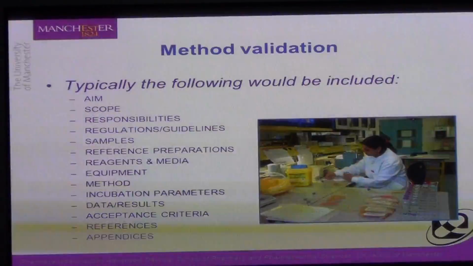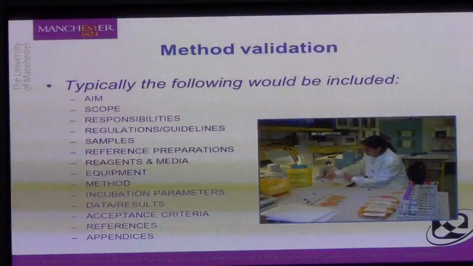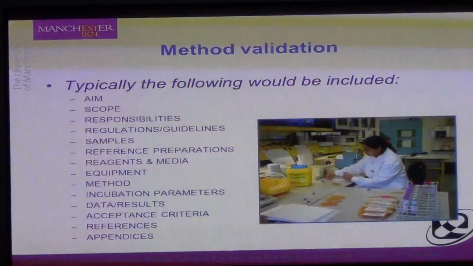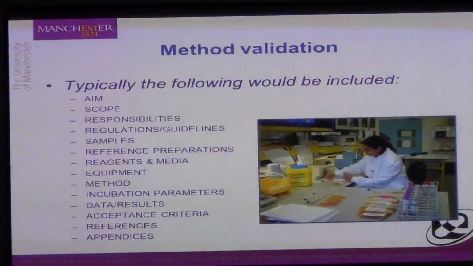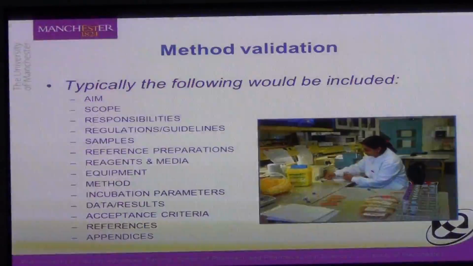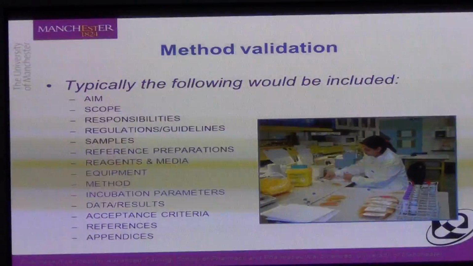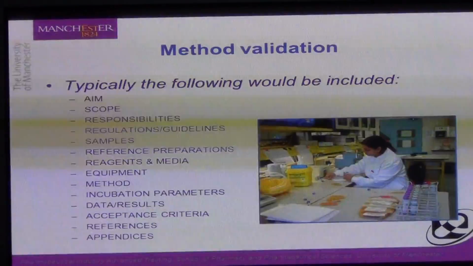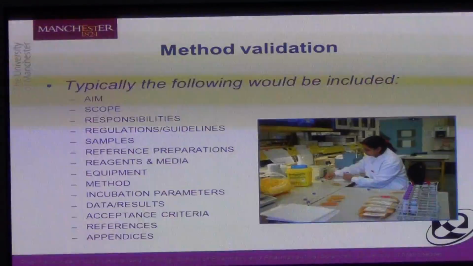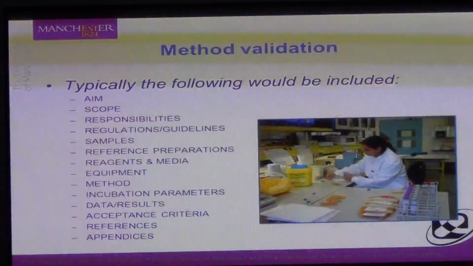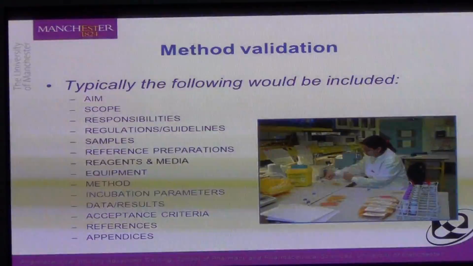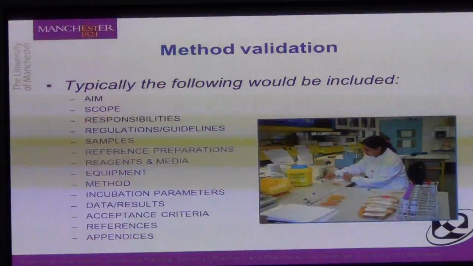So I've put up on the screen the important elements of a method validation protocol, and you can see on there some of the important things that you'd wish to include, such as what guidelines you're following, what types of samples you're going to be testing, how many samples, where are those samples going to be taken from, whether you're going to use any reference preparations.